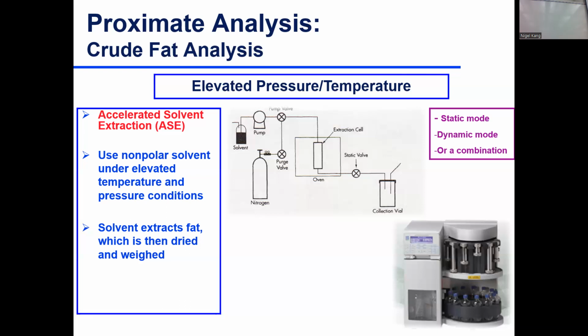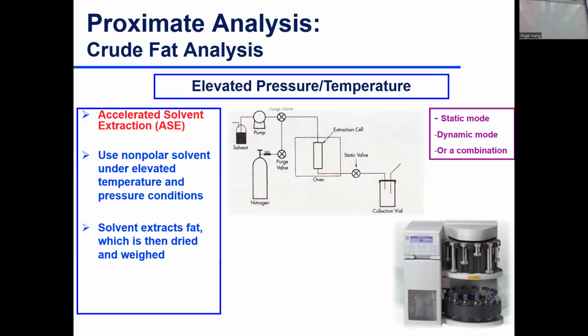If it's open, then it's dynamic. And if we open it and close it at different times, then it's a combination of these two, semi-static or semi-dynamic. So in the static, we open the valve at the end of extraction, once it's done. In semi, we open it and close it.